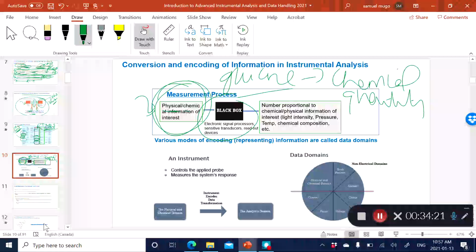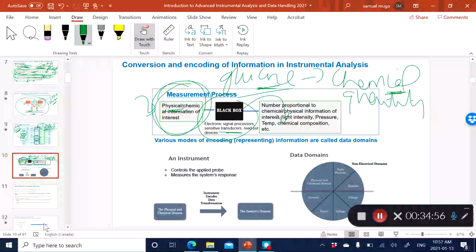And as we've said before, nearly all instruments are electronic in nature. So how does the instrument convert the physical quantity, maybe heart rate, or a chemical quantity, maybe the glucose in this case, into an electrical signal that it can handle, and then later on spit out at me the physical or chemical quantity that I'm interested in?